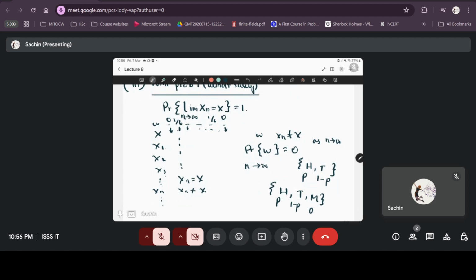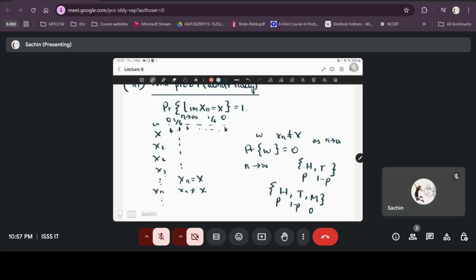So in such a case, the difference is, suppose you don't know the probability of these events. Suppose there is a scenario in which your coin could be in the middle instead of heads or tails.